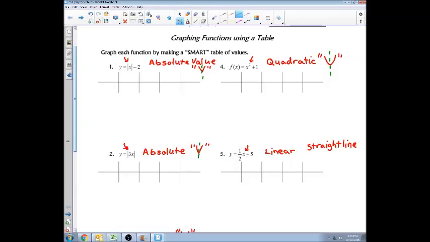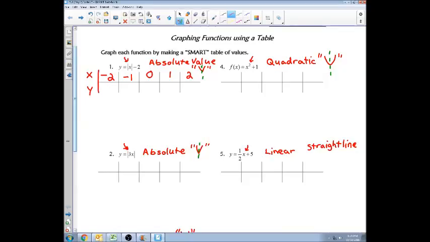What we want to do is make sure that our V and our U's are perfectly split. So I need some values on the left side of something, some values on the right side of something. To make sure of that, I'm going to put 0 right in the middle. I'm going to put 1 to the right, 2 to the right, negative 1 to the left, negative 2 to the left. Remember, this is your X, this is your Y.